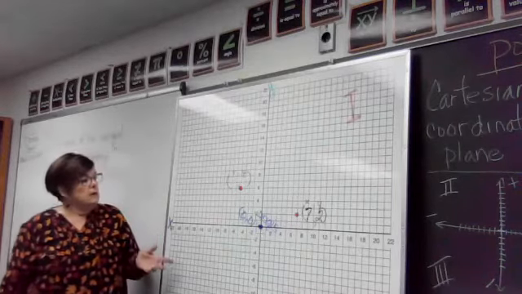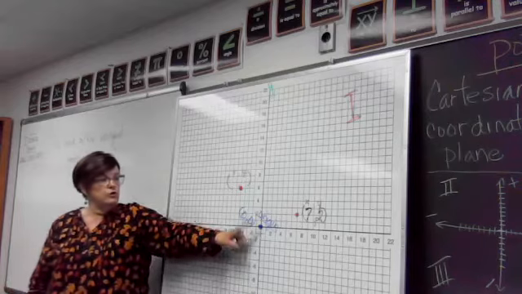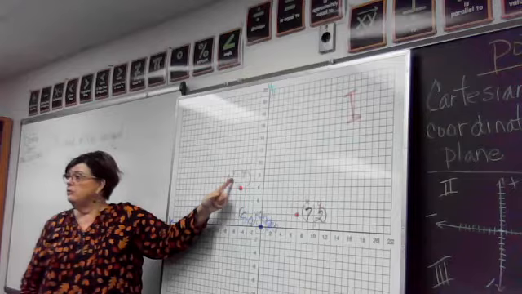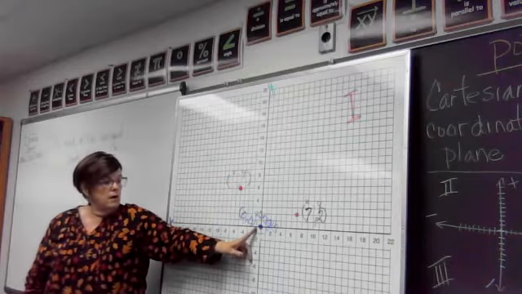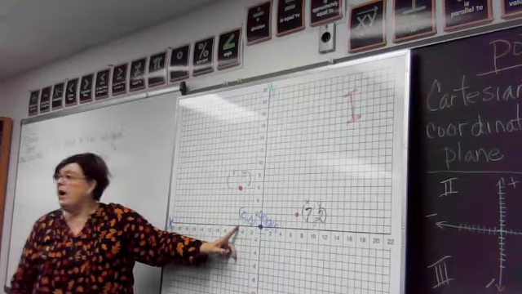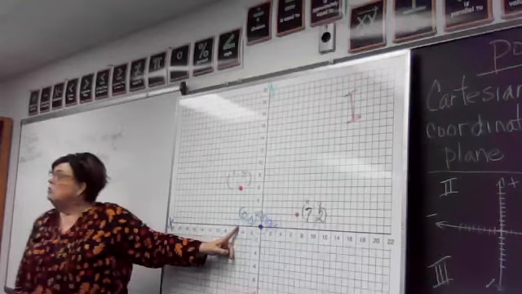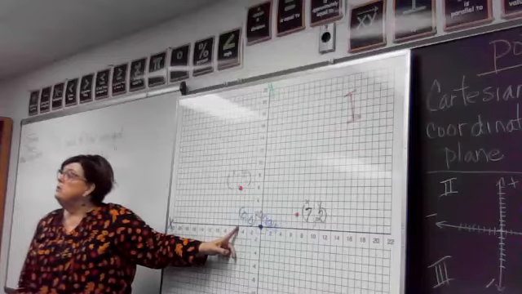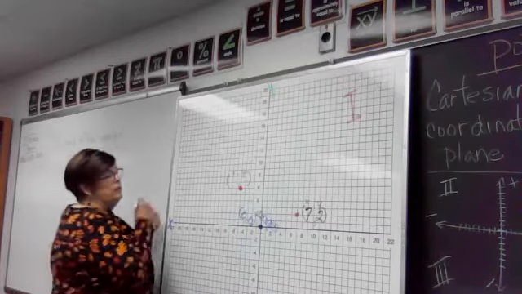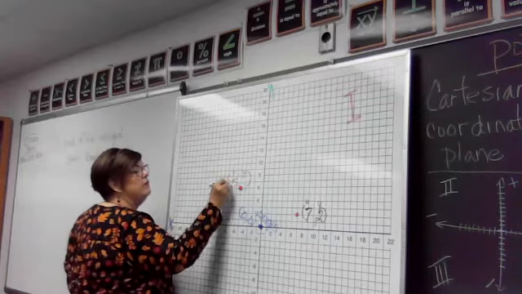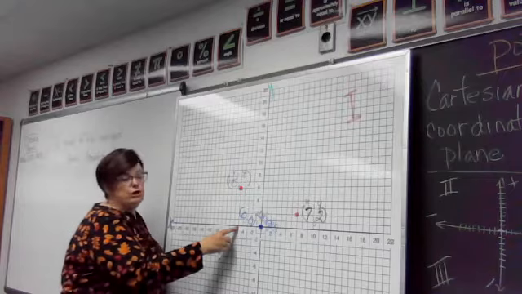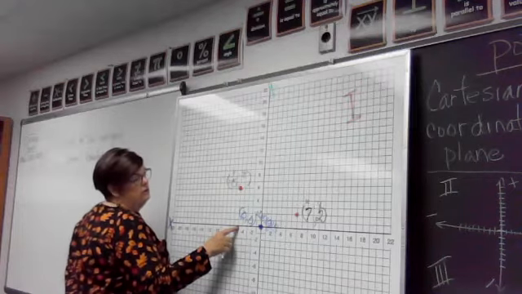We're trying to go to this house, and we know we have to go horizontally first. So we go 1, 2, 3, 4, 5. But look at the direction that we went. Yes, it's a -5. So we went -5 on the x-axis, and then we have to turn and go to his house.